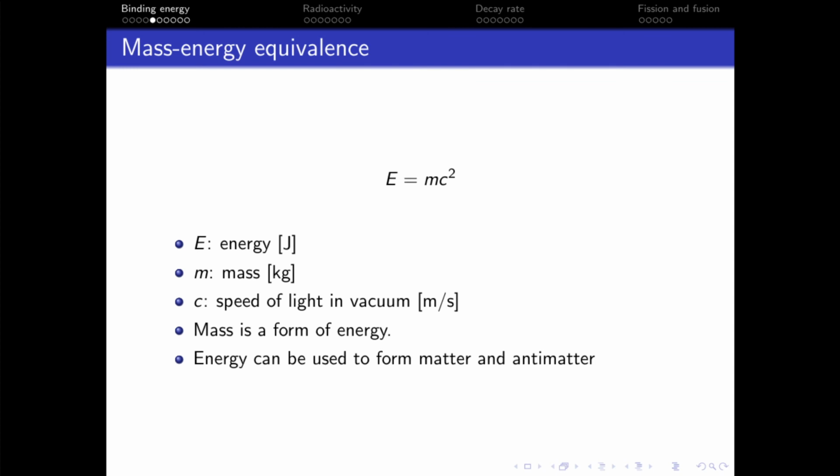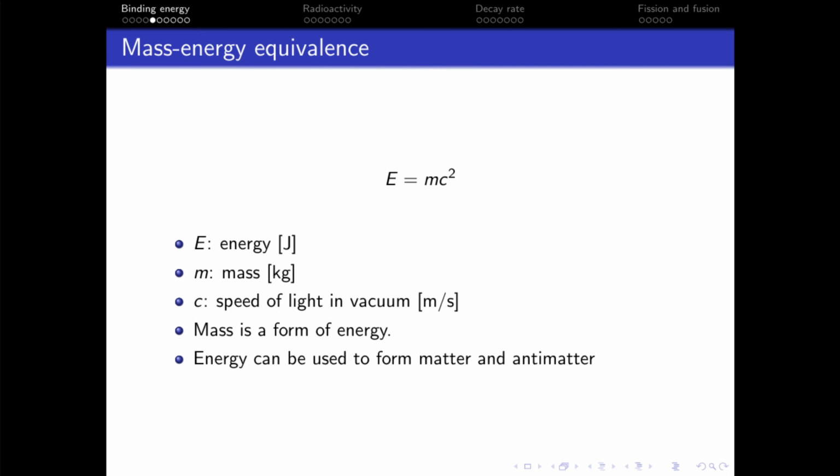What this tells us is that, basically, mass is just another form of energy. So you can create mass by using some energy to do it, and you can also destroy mass and get some energy out of it.